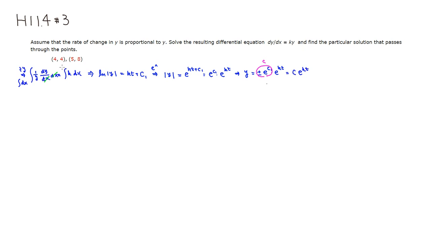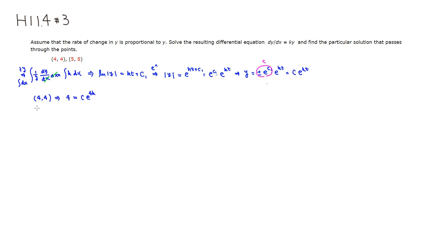Then we have a couple of points. If it goes through 4, 4, which means that y is equal to 4 when t equals 4, so C e to the 4k.